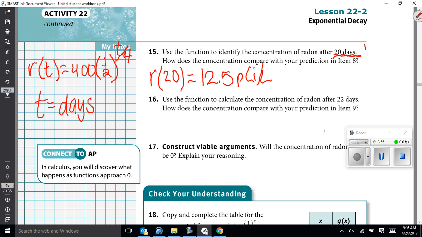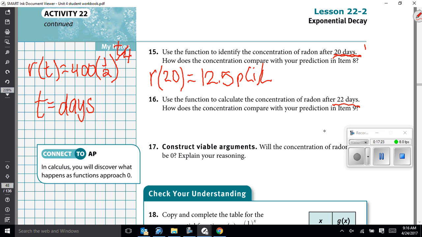Right, so if we get 22 days, that's 5.5 half-lives. So if we put 22 in for days, what's 400 times 1/2 to the 22 divided by 4? What is it? So instead of doing the number of half-lives, you're putting T over 4.